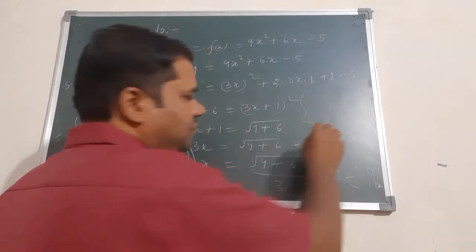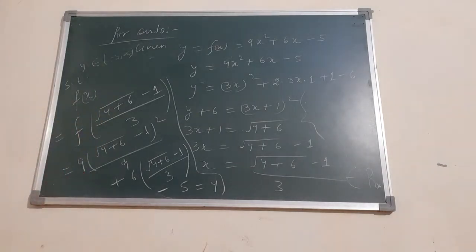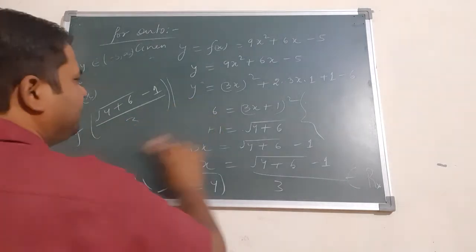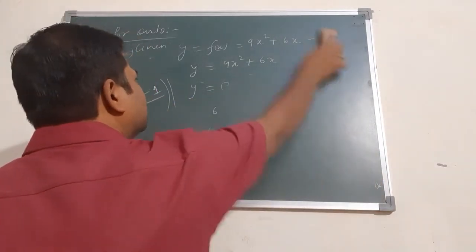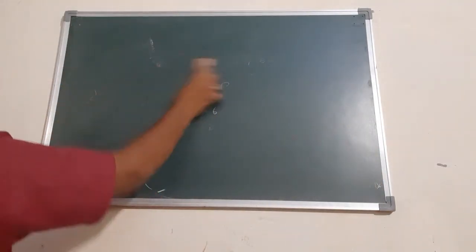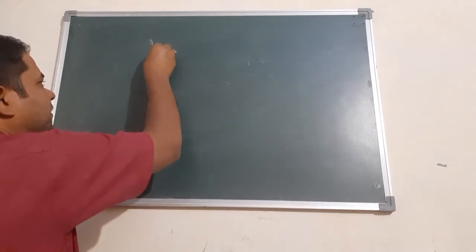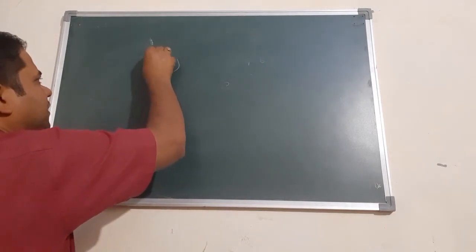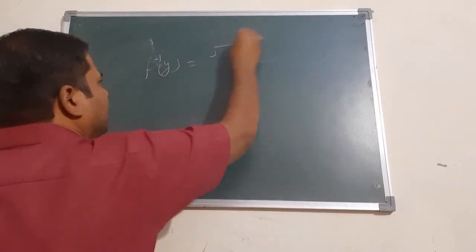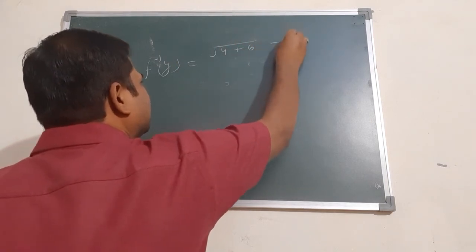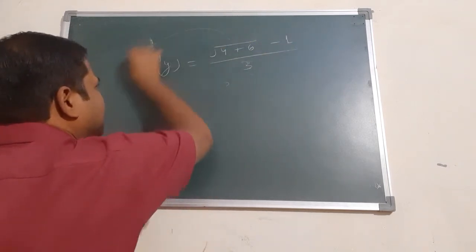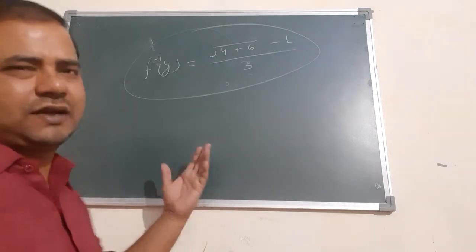Suppose you find f inverse y, then f inverse y is nothing but root of y plus 6 minus 1 divided by 3. This is the value of f inverse y or x, whatever it is.